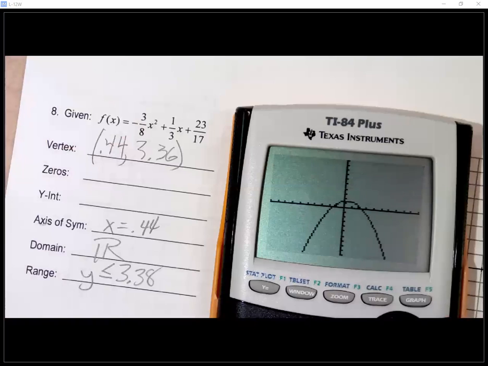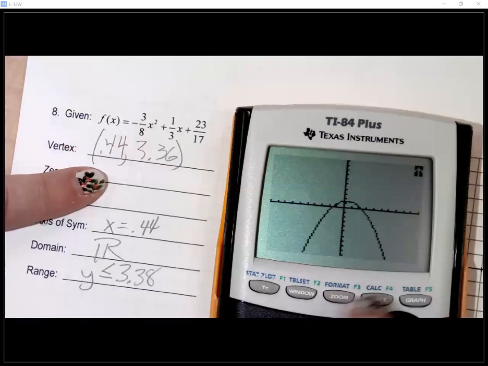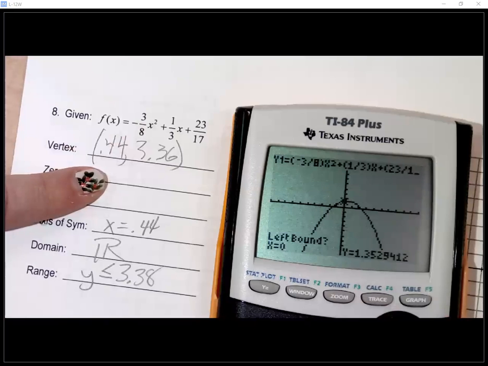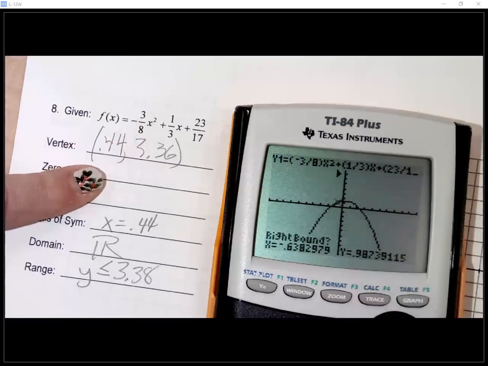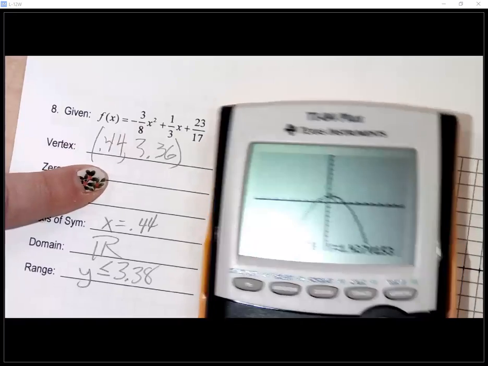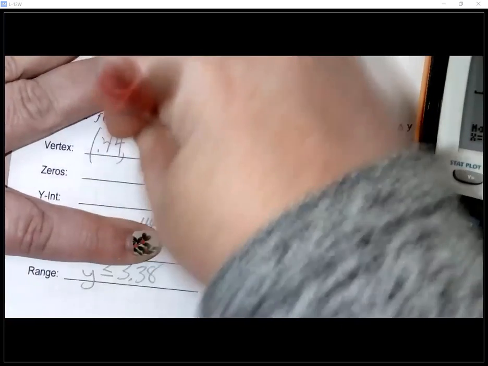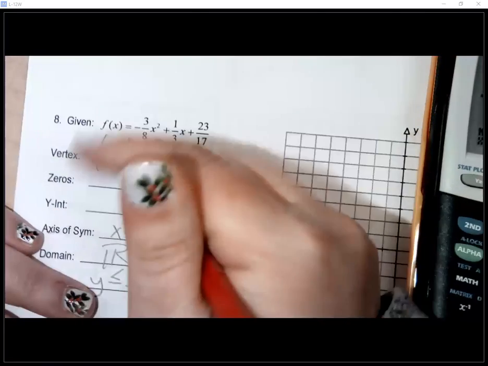All right, so then that's going to change things for me. Still a max. Let me find the pieces. Okay, so the x is the same, but the y is 1.43. I didn't take my own advice and go back and check before you do everything.